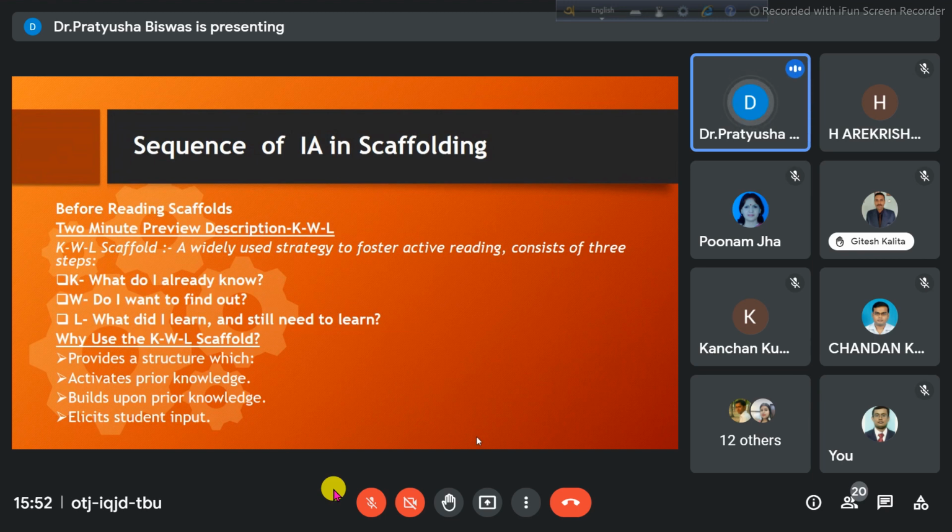In that transition phase of learning, the student will be very clear in sharing his input: okay ma'am, I learned this, this is what I had been told, but now I have learned like this and I'm very happy to learn about this particular topic. That is how eliciting the student input is important.